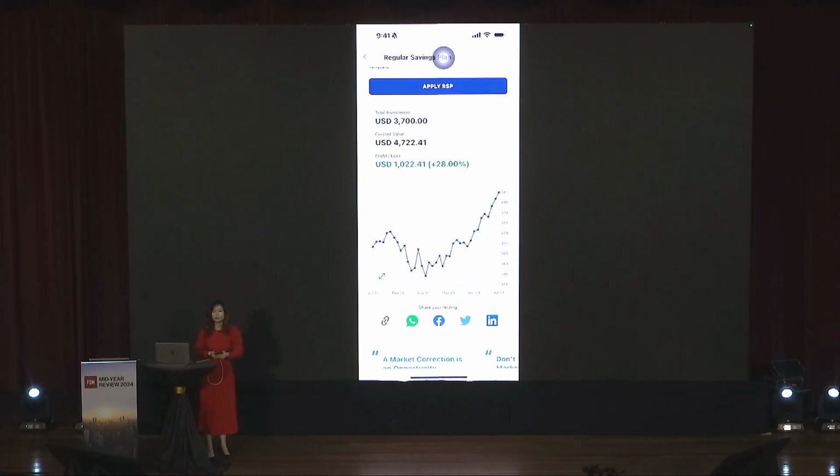Then what will be my return today? For 3 years, it will be 28%. My total investment is 3,007, and the profit and loss that I will be getting today is about 28%. So why is this regular saving plan so special? It allows you to start investing with just 100 ringgit as minimum.